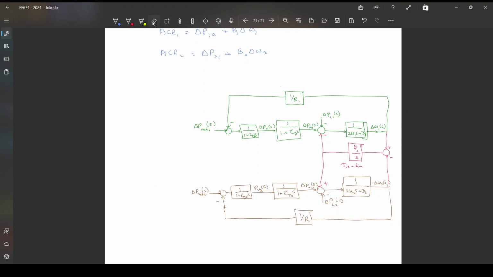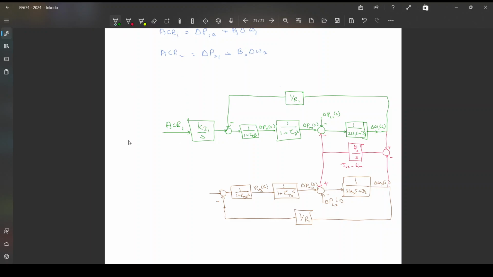We will also include the integral part of the control, which is K_i1 over s in here, and the input to this is the area control error for area 1.